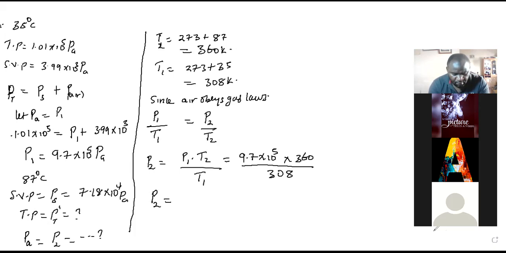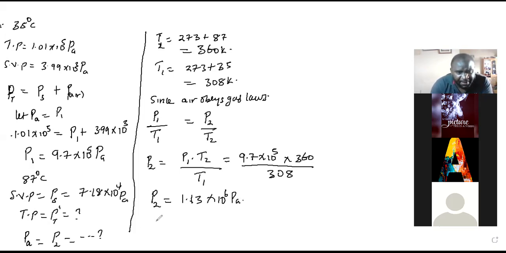We get 1.13 times 10 to the power 6 pascals. But the question wanted the total pressure at 87.